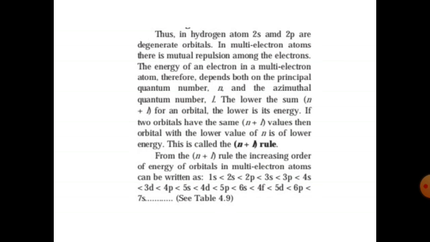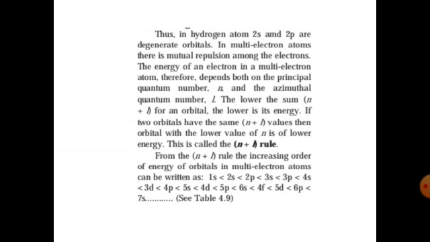In multi-electron atoms, meaning atoms having many electrons, there is a mutual repulsion among the electrons. The energy of an electron in a multi-electron atom therefore depends both on the principal quantum number n and the azimuthal quantum number l.